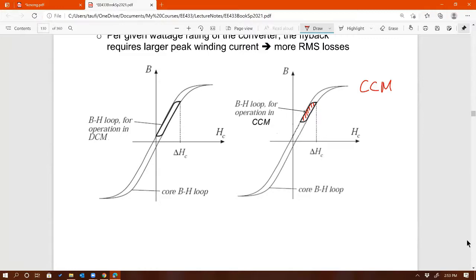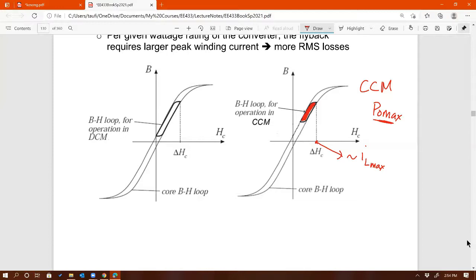That will be corresponding to this point right there. That's going to be proportional to IL max, and this is per given output power, right? So let's stick with the same output power. Let's say that this is operating the flyback transformer with that output power. That's the minor loop. And for that output power, current max is right there, okay?